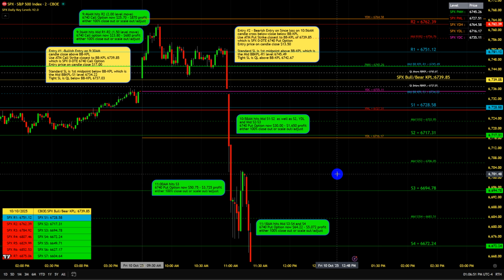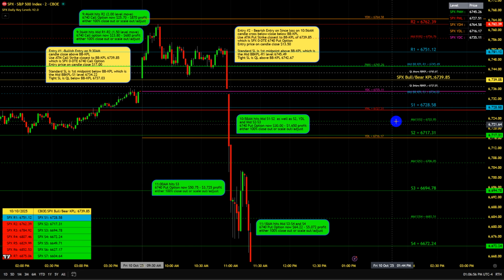Normally it will display by default R1 through R6 and S1 through S6 along with the bull bear key price level. But you can turn off or uncheck the levels that you don't wish to see if for some reason you just want to focus on, say, maybe the first 3 levels above and below. You can also do that as well.